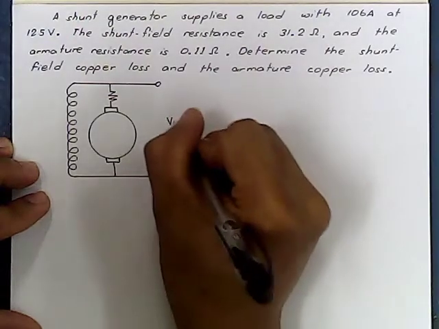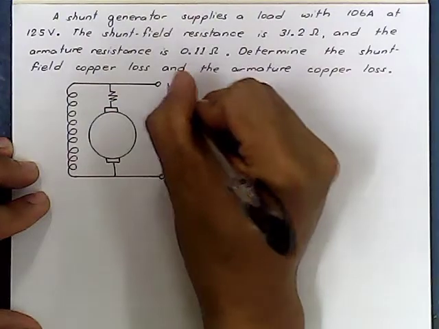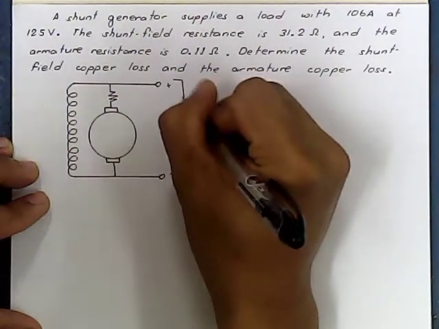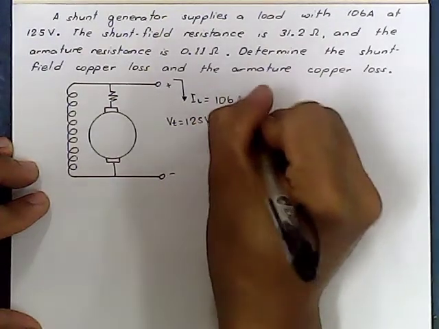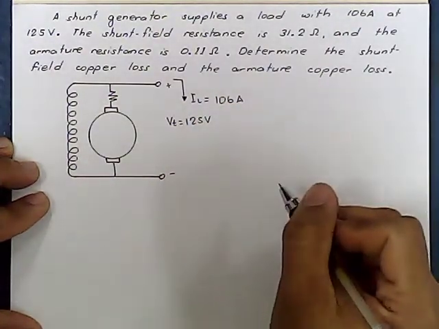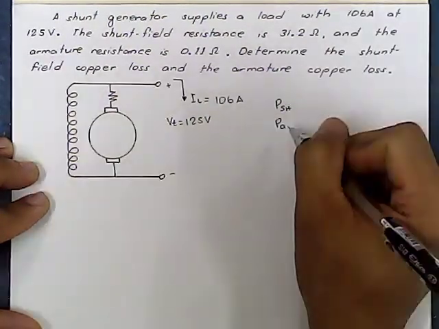Ang terminal voltage niya ay 125 volts. Ang line current, that is 106 amperes. Ang hinahanap natin dito ay PSH and the armature copper loss.